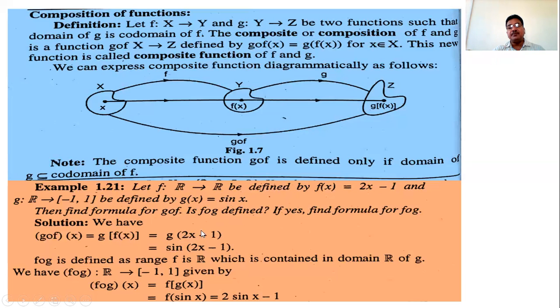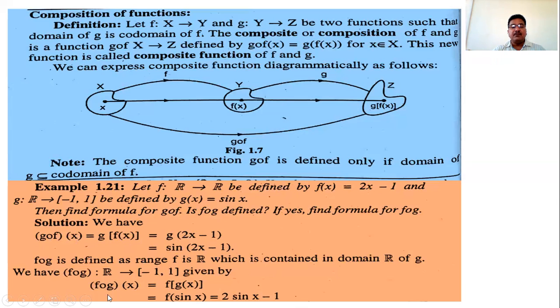Like that, g of 2x - 1 is sin(2x - 1). So this is the formula for g circle f: (g circle f)(x) = sin(2x - 1).